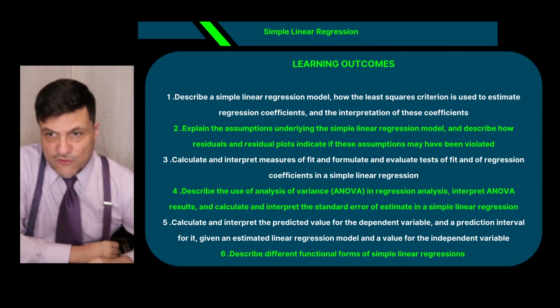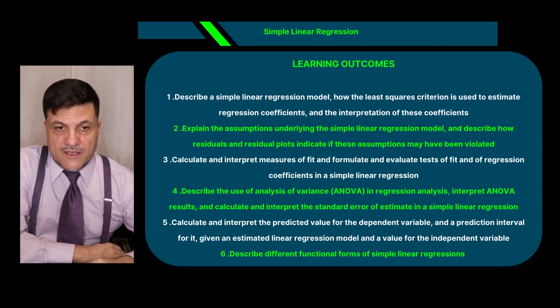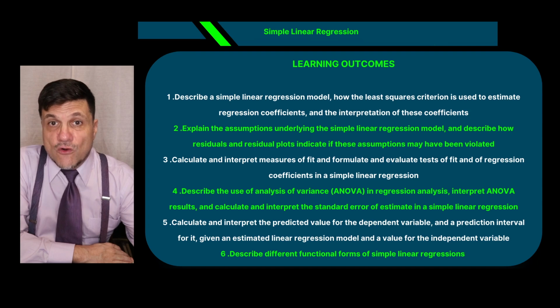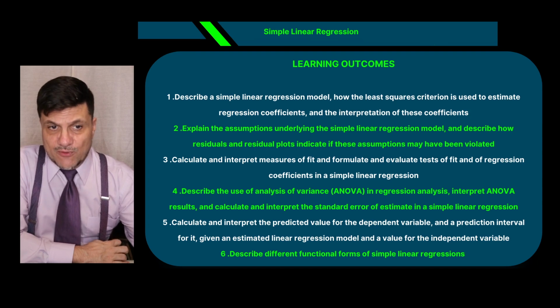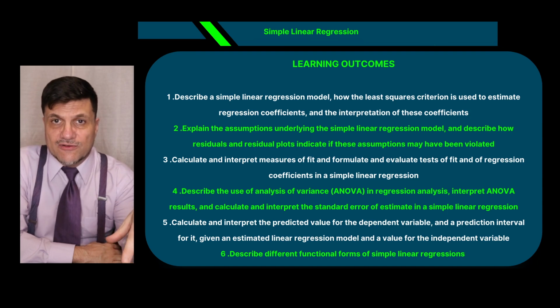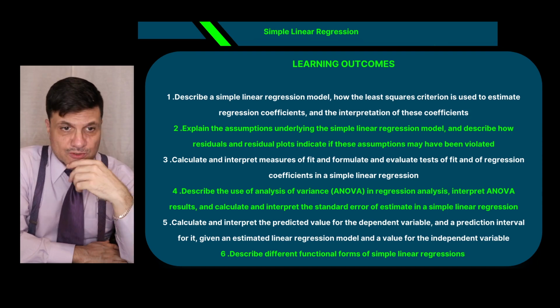The ANOVA table is an important tool in linear regression, because it will give you a lot of information: the fitness, whether the coefficients are reasonable, and some hypothesis tests, all in that table. So understanding the ANOVA table is very important, and for Level 2 also. So try to do a good job understanding the ANOVA table. I'm going to show you an example.